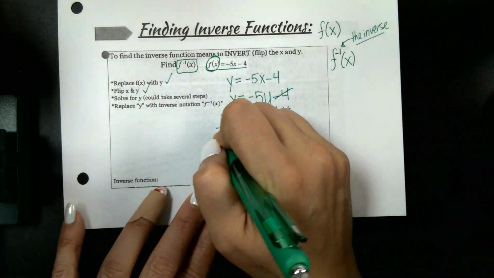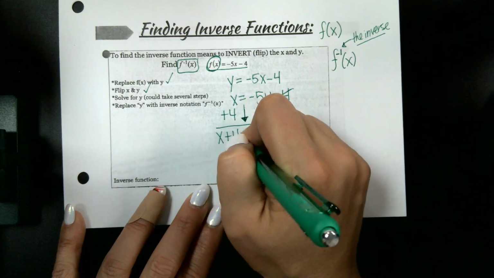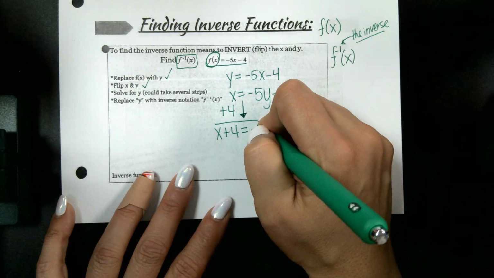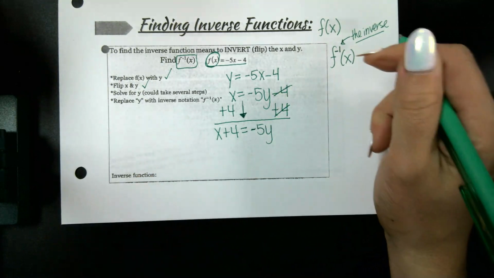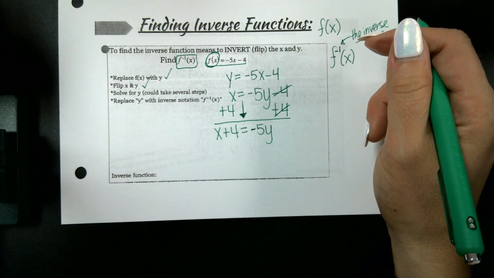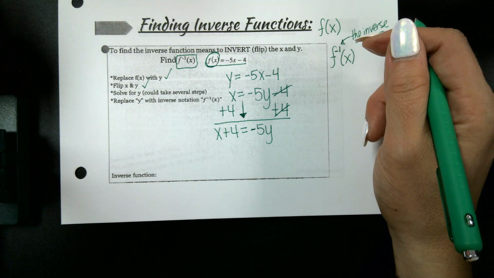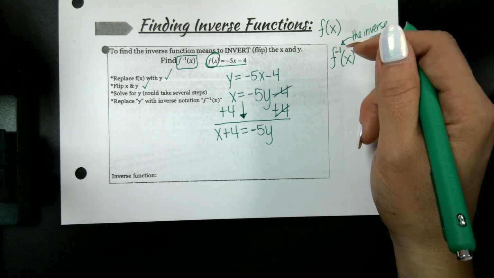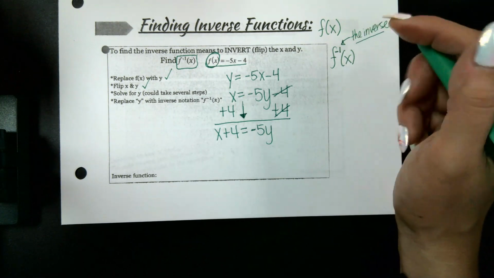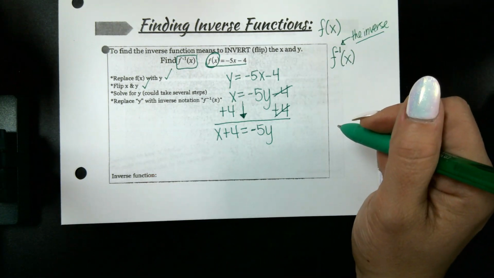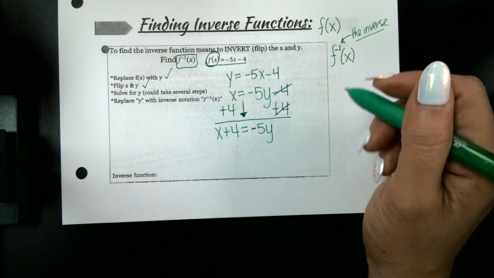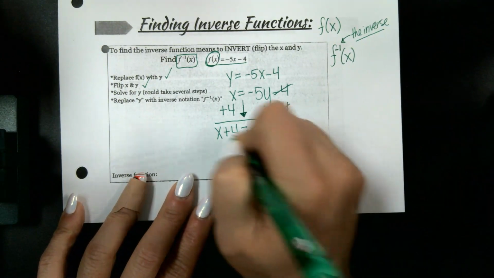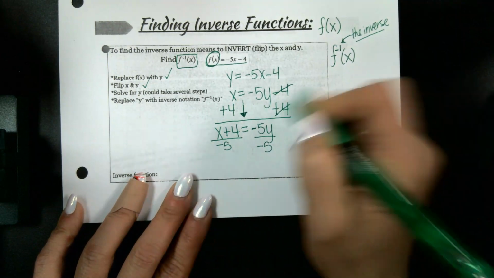No. So we're just going to write x plus 4 equals, and on the right side we just have -5y. If that -5 is attached to the y, they have multiplied, so what are we going to do? What's the inverse of multiplication? Divide. So divide this side by -5 and divide this side by -5.